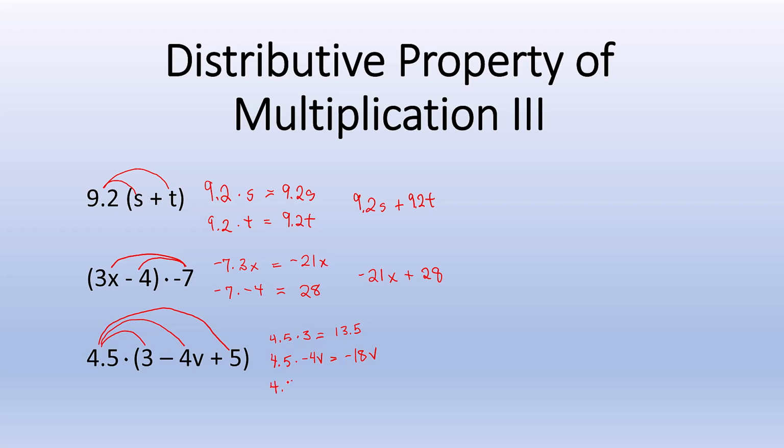And finally, 4.5 times 5 will equal 22.5.